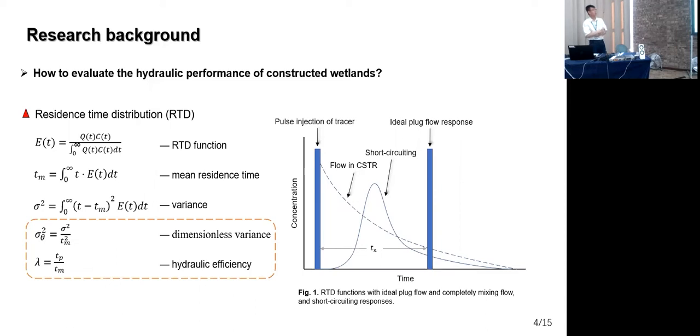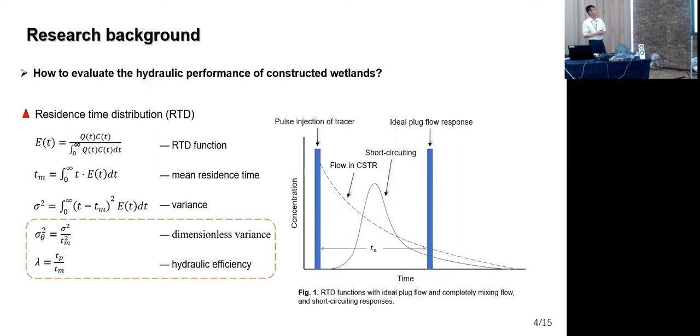But in real life, without ideal hydraulic conditions, the RTD curve shapes would be like that in the middle. Some will stay longer, some will stay a very short time.